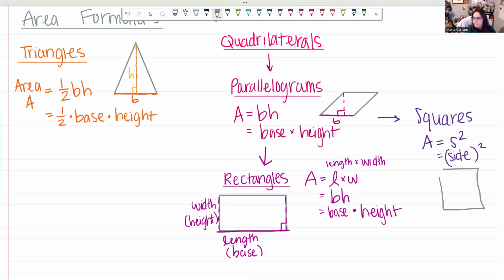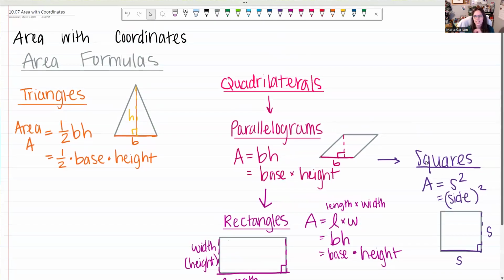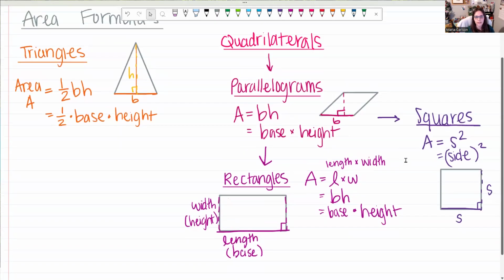So here is a square. I will take this side length and multiply it times itself, because that is essentially the base times the height, because this is a right angle. Side times side, or side squared. All right. Now these are all parallelograms.